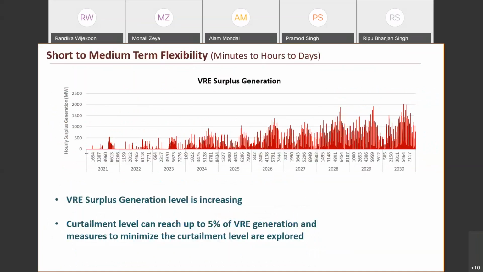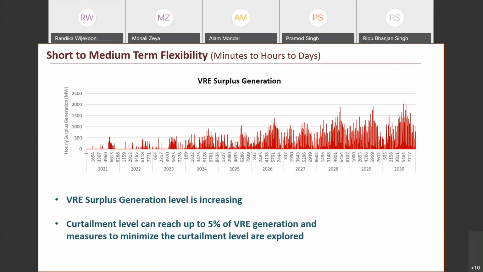Right. Now, if you look at this type of surplus or curtailment requirement in each hour for the next 10 years, we can see this surplus generation or the curtailment level increases to a significant level. It is very important that the system has the flexibility as well as the proper measures to ensure the supply-demand balance.